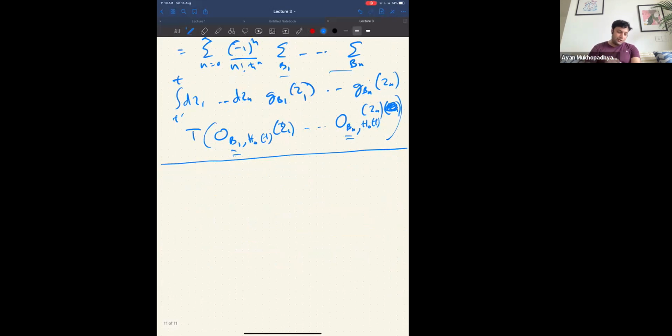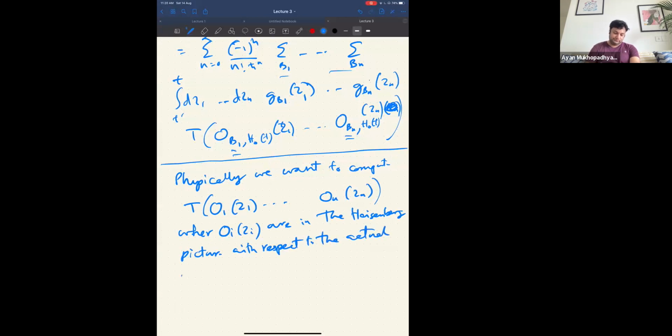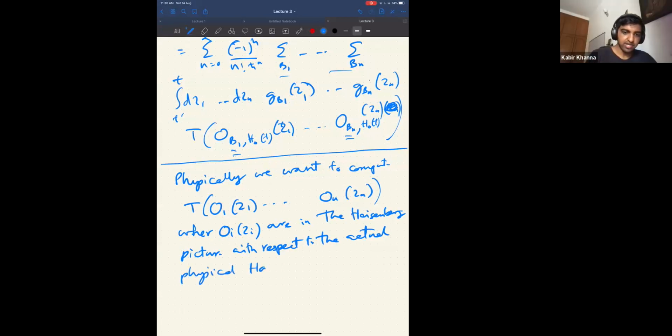So suppose now you want to compute, physically what we want to do, is compute time ordered products of O1(tau 1) to On(tau n), where these Oi(tau i) are all in the Heisenberg picture with respect to the actual physical Hamiltonian. And the actual physical Hamiltonian itself is also time dependent.